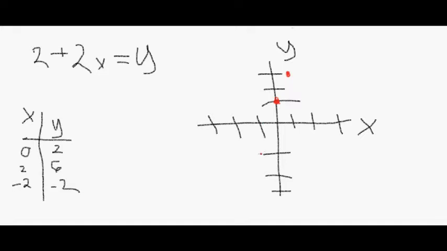X is 0 and y is 2, so let me use a different color to represent that. Next, x is 2 and y is 6, so that's over here. And x is negative 2 and y is negative 2. So we have a line that goes something like this, alright? Fair enough.